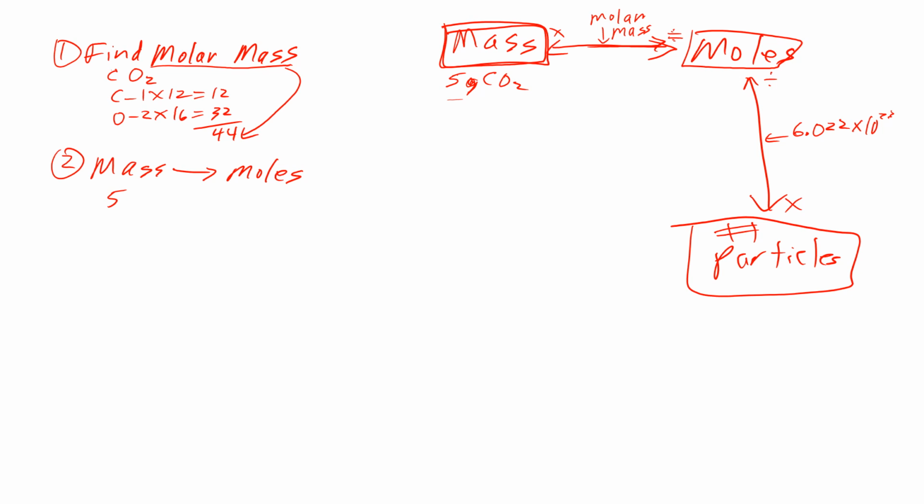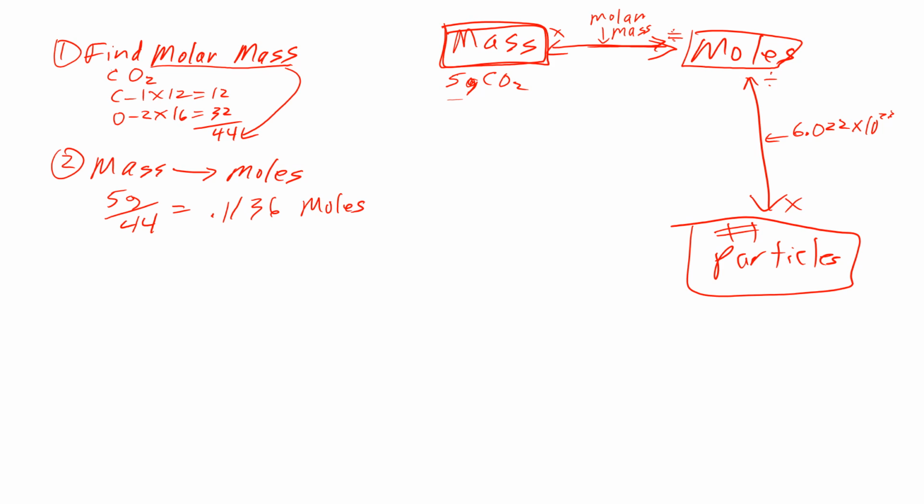So 5 grams divided by 44 equals 0.1136, etc. Okay, that's moles.